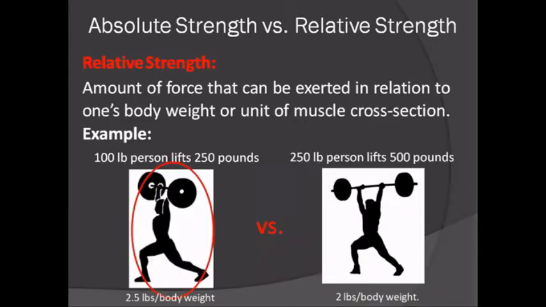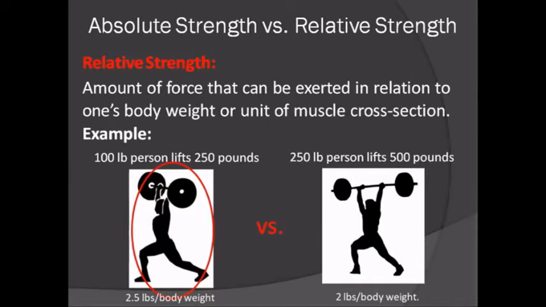Next, we have relative strength. It is the amount of force that can be exerted in relation to one's body weight or unit of muscle cross section. It has something to do with your weight, height, and body composition.